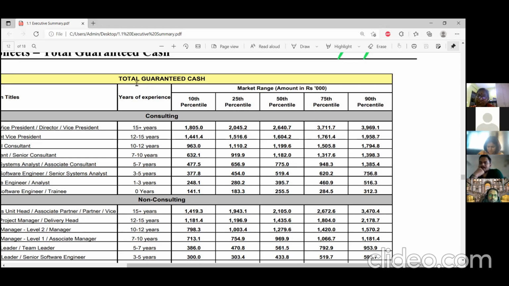After checking that your total guaranteed cash components are similar, say your vice president is getting 30 lakhs right now. At what percentile do you think he is? Between 50 and 75, a little less than the 75th percentile. But I want to bring him up to the 75th percentile. That means I have to make a market correction by increasing the salary from 35 to 37 lakhs.